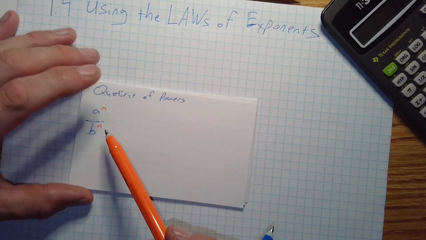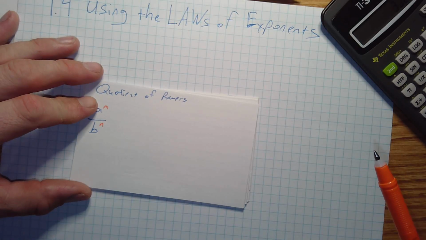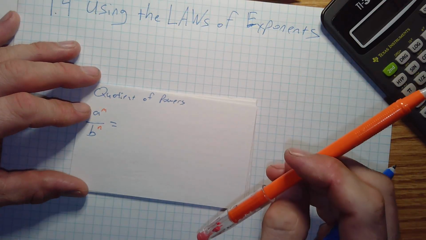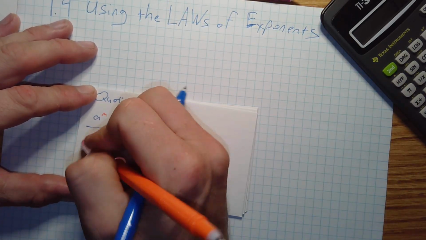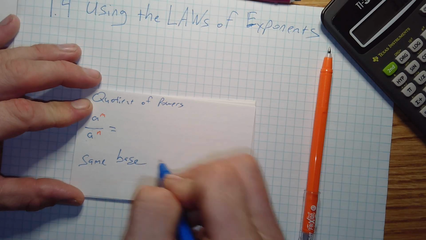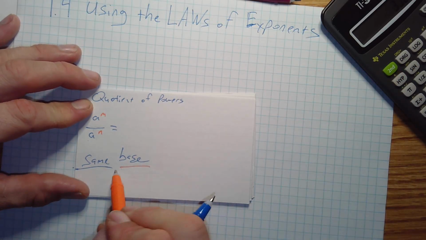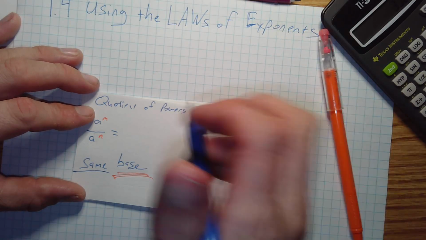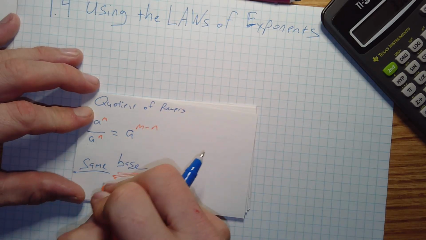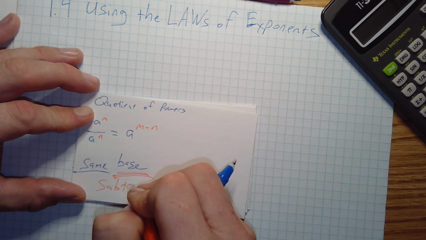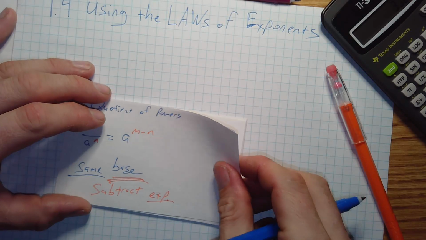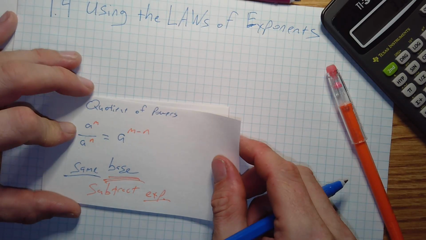So what do you think you do with the exponents? If you're thinking you subtract them, you would be correct, right? Sorry, this needs to be the same base. Same base. This would be equal to A, and then you subtract exponents. I'm just going to abbreviate exponents, EXP. Okay? That's the quotient of powers.